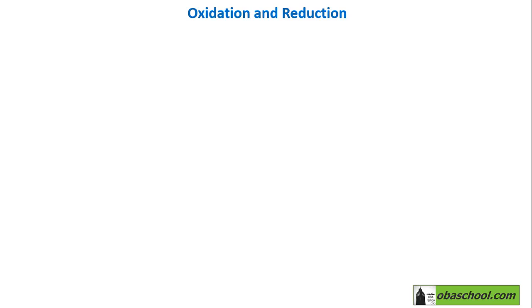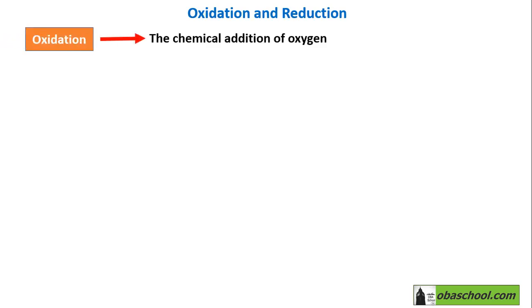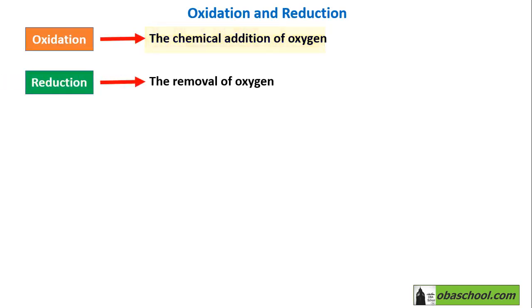Now we are going to examine oxidation and reduction. In the previous section, you have seen that oxidation and reduction were defined in terms of oxygen, where oxidation is the addition of oxygen, however, reduction was the removal of oxygen.